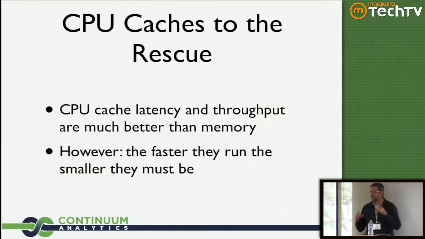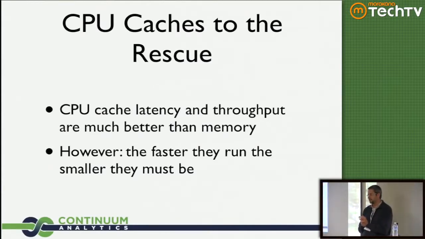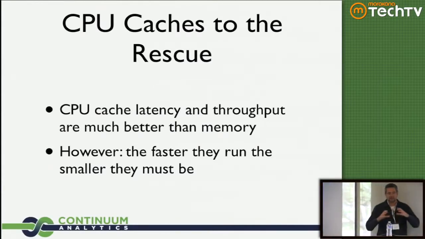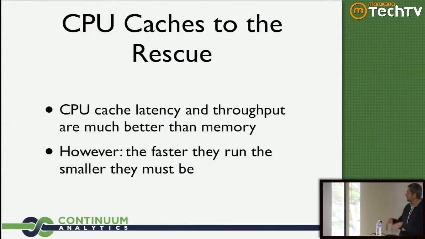However, the faster the caches run, the smaller they must be. This is because of heat and power dissipation problems. Okay, you cannot put a lot of memory inside a CPU and make it run very fast, because it dissipates a lot of heat.